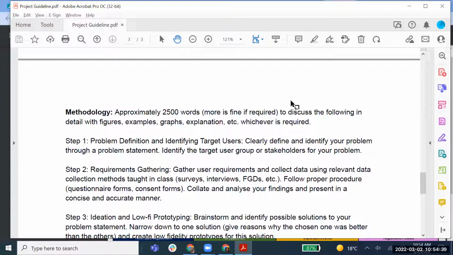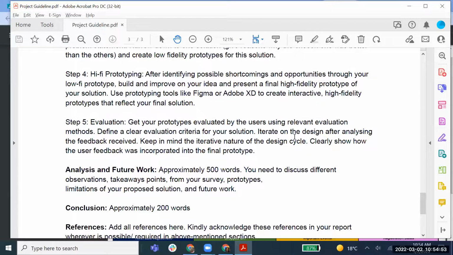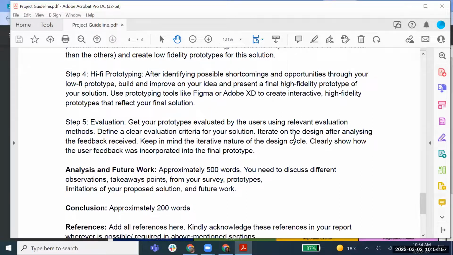Okay, so any other questions, anyone? Yes, sir. Sir, it's written that we need to use font size 12. So do we really need to stick to that? No, that will update automatically once we give you the template. The font size, font type, everything is fixed, right?